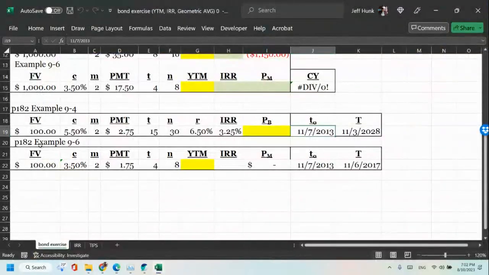So everything is already set up, right? But once again, this is $1,000, just expressed in percentage. Coupon rate is 5.5, so the coupon payment is not $2.75. Once again, it's a percentage, 2.75% of $1,000.